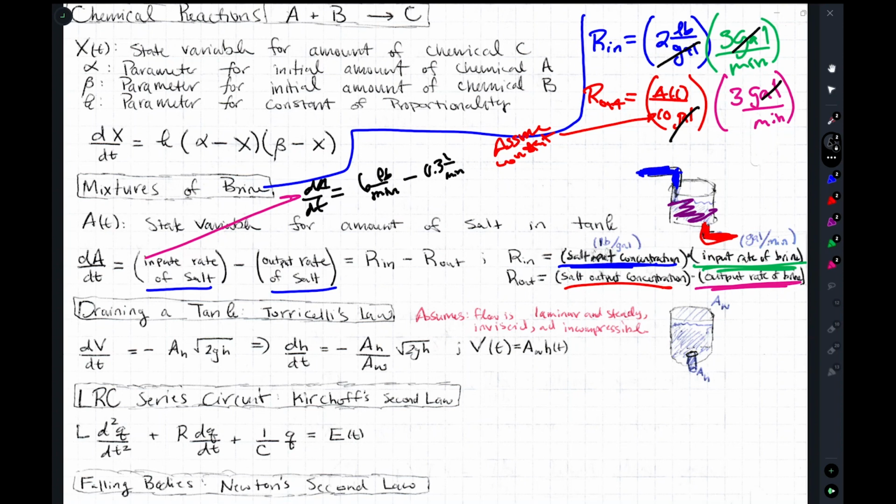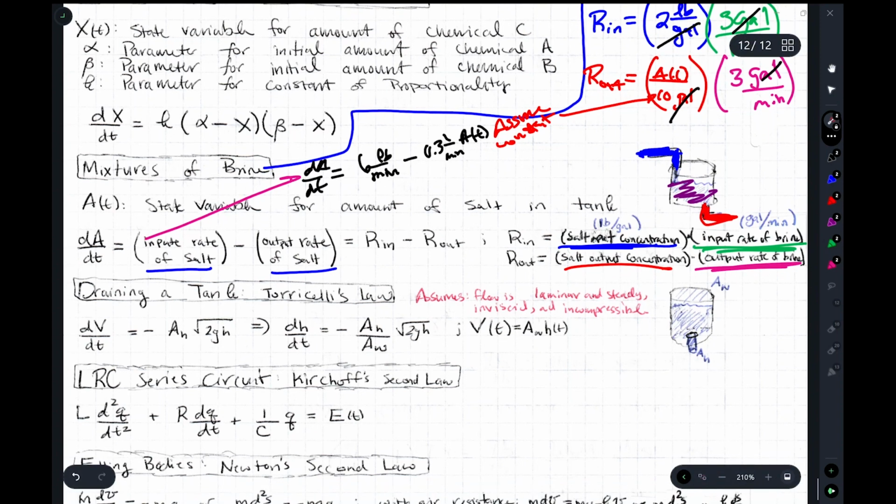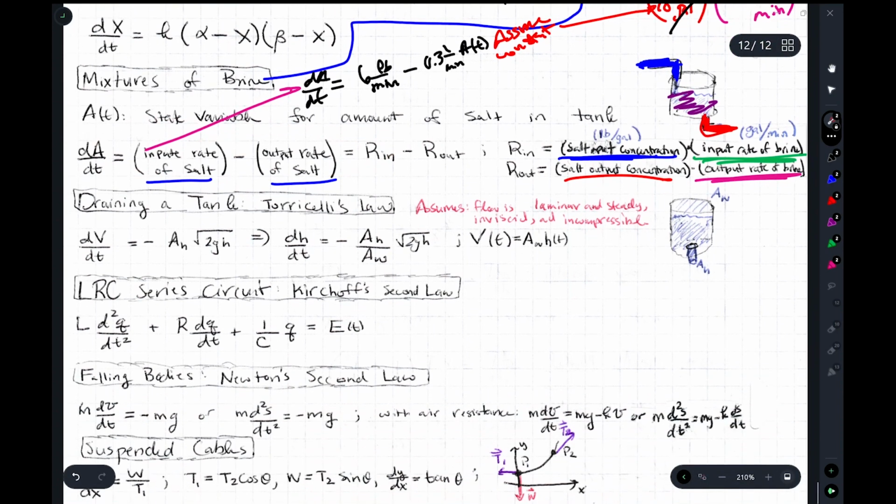That's just the unit that's there, and A of t is in pounds. And there you have then a differential equation that you can solve for this simpler model, which of course we could make more complicated by changing the flow rates. Maybe we could have changing concentrations, but it's just to illustrate what this equation is saying.